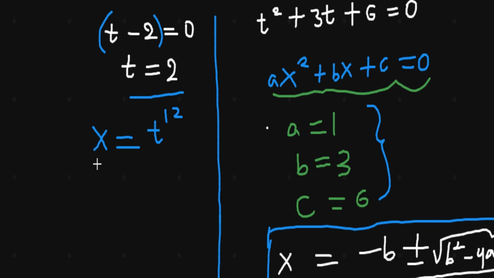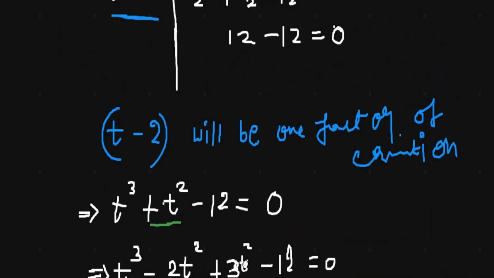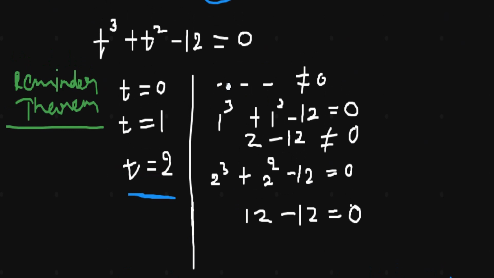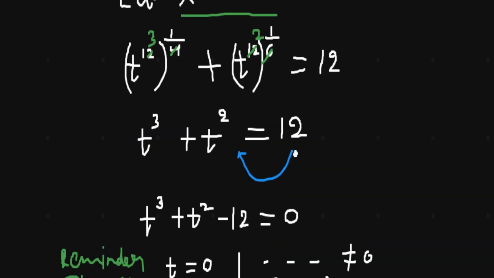So in the beginning we took x is equals to t power 12, right? So x equals to t power 12. So we got the value of t here.